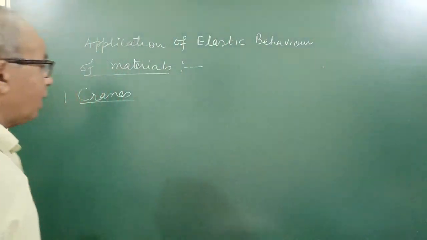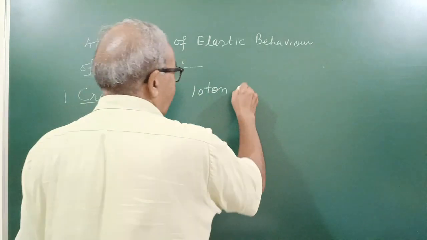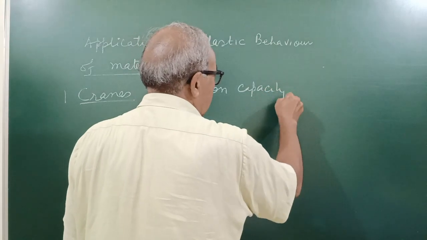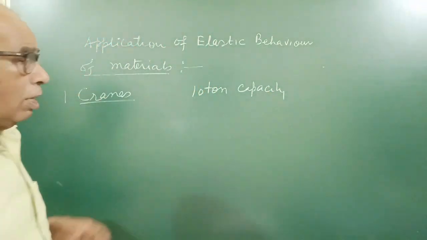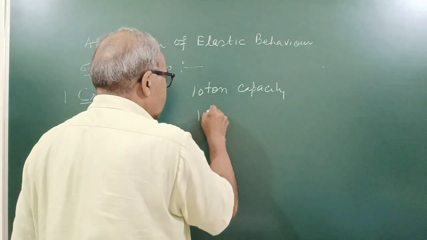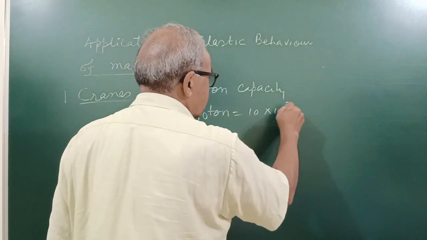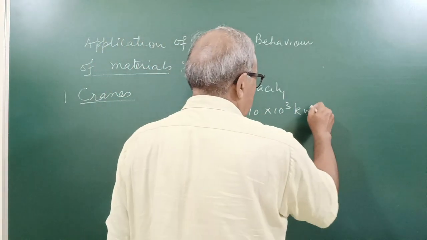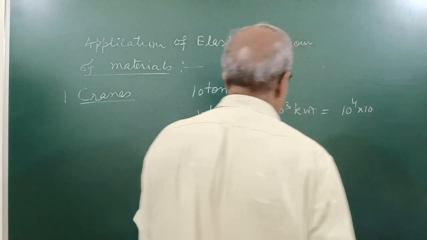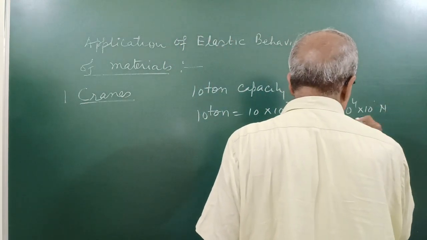Suppose you want to make a crane of 10 ton capacity. 10 ton capacity means the maximum weight which it can lift and move from one place to another is 10 tons. 10 tons means 10 into 1000 kg, and the weight is equal to 10 to the power 4 into 10 Newton, which is 10 to the power 5 Newton.